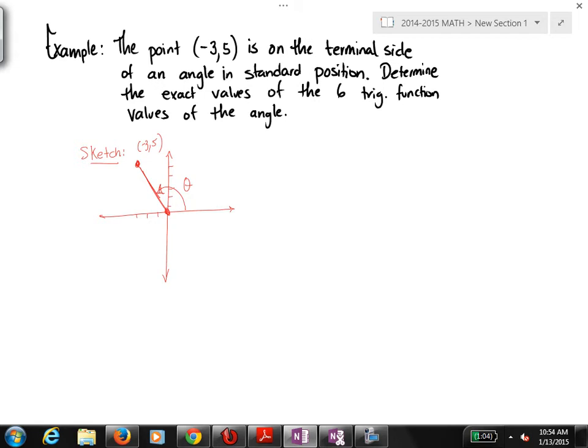Now the only thing here is you might want to use the reference angle, and that's how we're going to be finding the trigonometric function values of any angle. To find the reference angle, again, go from the terminal side directly down to the horizontal axis, and create the 90 degree.